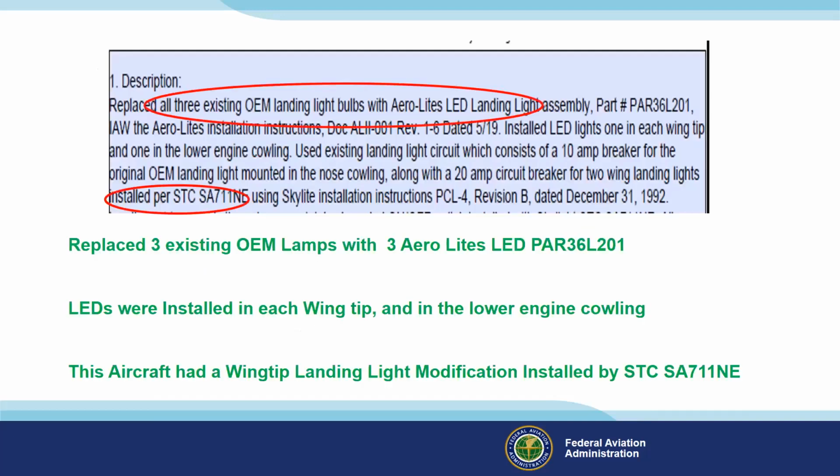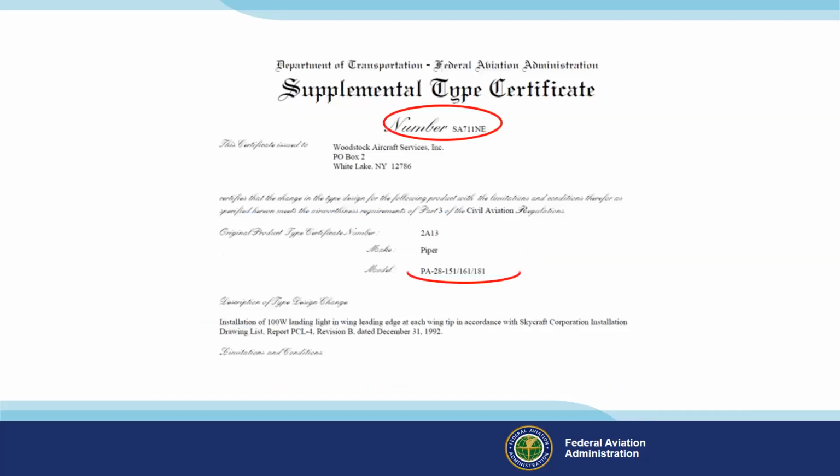They replaced 3 existing OEM lamps with 3 Aerolites LED style lamps. Now, this particular Piper had an STC done that actually installed the wingtip lights and the lower engine cowling. So I looked up the STC and it does list that model, so that's fine.